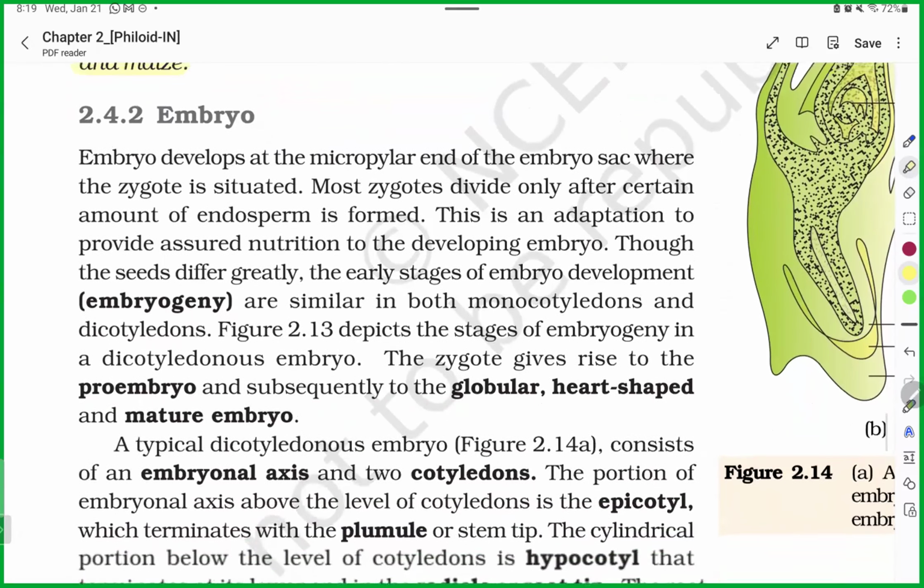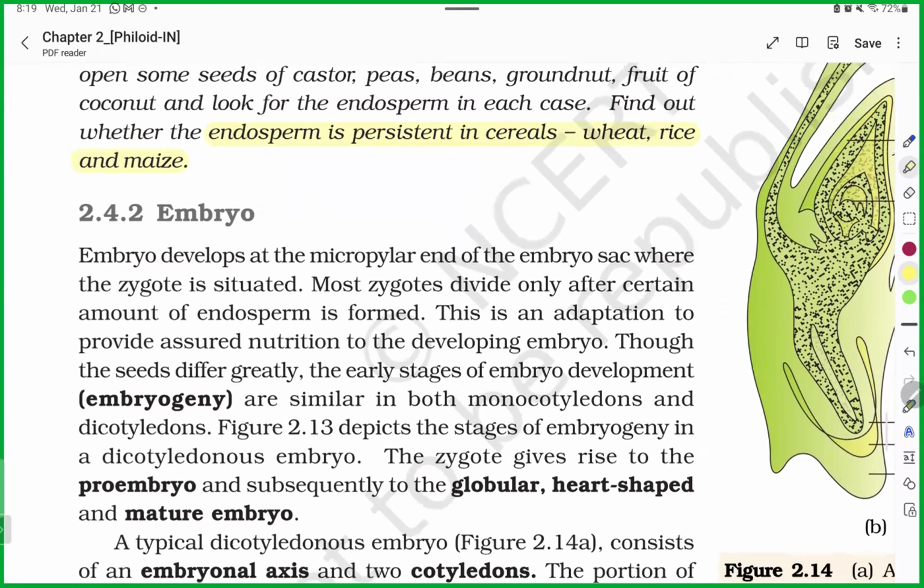These are monocot, all three. Wheat is monocot, rice is monocot, maize is monocot, and I just said that most monocots have less or more amount of the endosperm, but they do have. Yeah, sir, it is persistent.